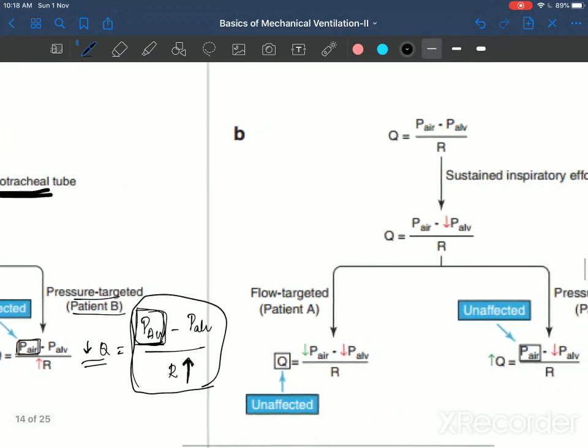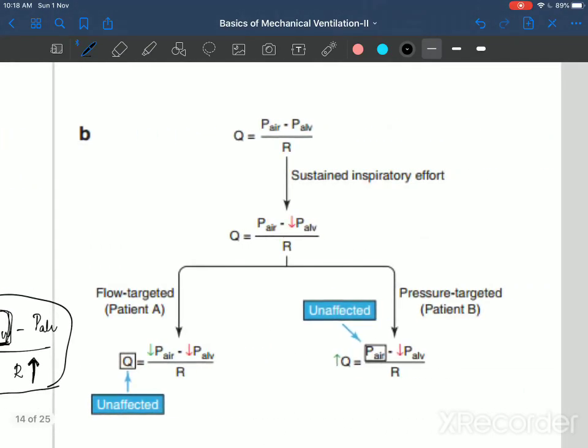As simple as that. The other situation is a patient who is having a sustained inspiratory effort. The alveolar pressure is going to be low, correct. You don't expect the alveolar pressure to rise as much as expected. If the patient is in flow targeted ventilation, flow has to remain unaffected, so your airway pressure will also reduce, correct.